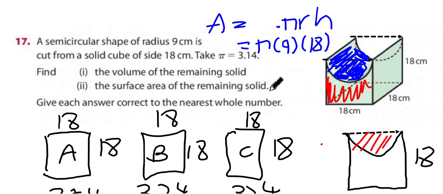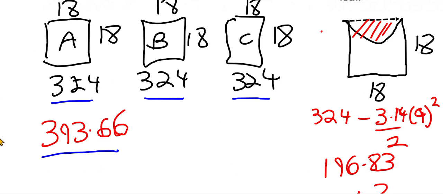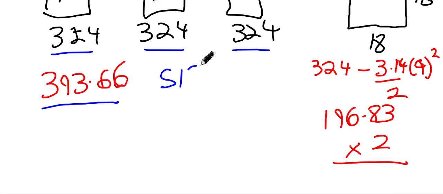What do you get? Oh, 3.14. Did you use 3.14? And what do you get? 508.68. Okay.